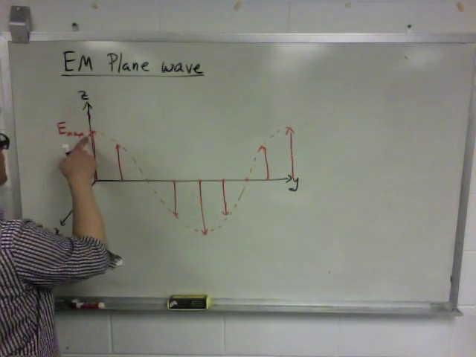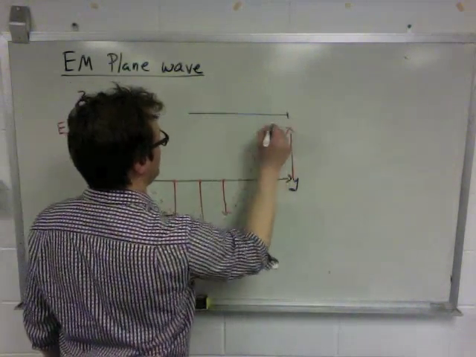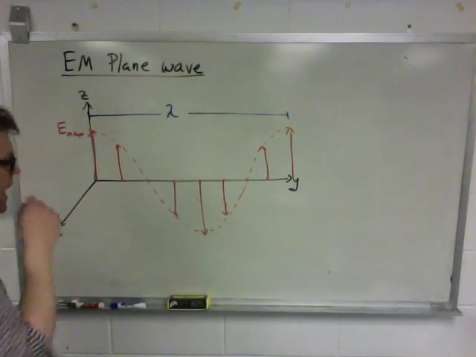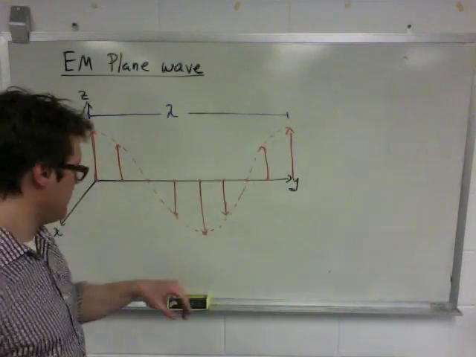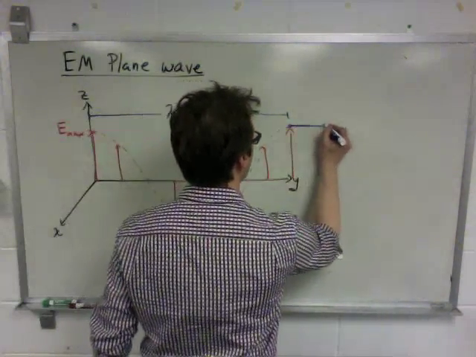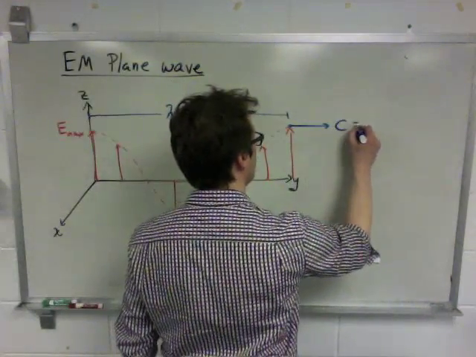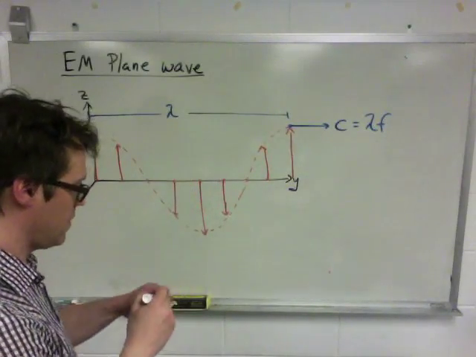The distance from one peak to the next peak is called the wavelength. And according to Maxwell's equations, if I set this up, this electromagnetic ripple, this disturbance, will then propagate outward with some speed c, which, as you know from waves, is equal to lambda times f, right?